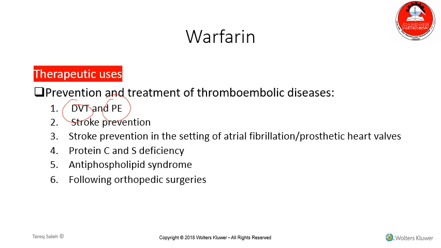Antiphospholipid syndrome is an autoimmune disorder that is more common in females. And lastly, warfarin can be used to prevent thromboembolism that follows prolonged periods of staying in bed following major surgeries such as hip replacement surgery.